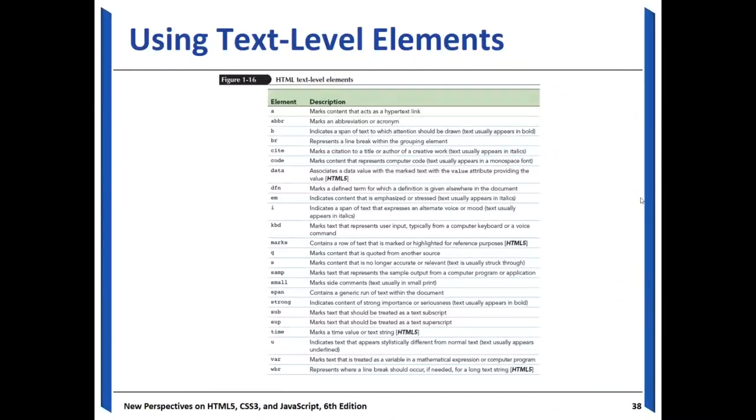Span is a generic run of text within the document. Strong will also make your text bold. It indicates content of strong importance. You can use sub and sup to make it either a subscript or superscript. Time will make a time value. Var will make it a variable.